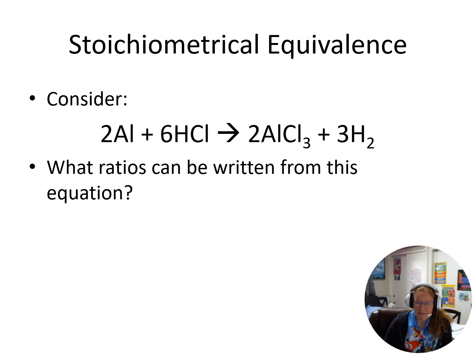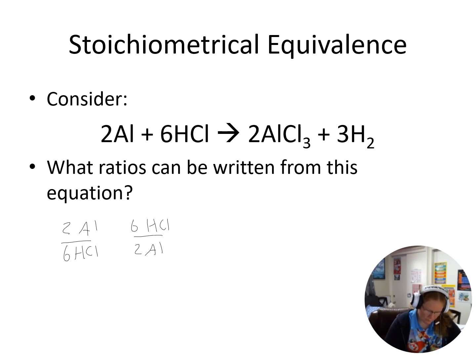So when I look at something like this, I can look at a whole bunch of different ratios there, okay? I can get 2 aluminum for every 6 hydrochloric acid, or I can say I have 6 hydrochloric acid for every 2 aluminum.